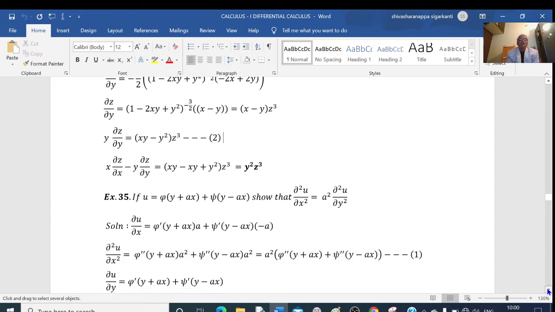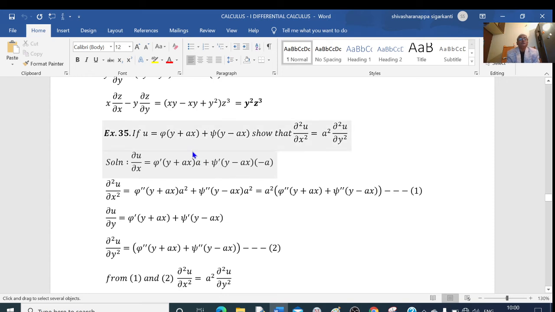Next, differentiating the given equation with respect to y partially, we get ∂u/∂y equal to phi dash of y plus ax into the derivative of y plus ax with respect to y, which is 1 plus 0, so that is 1, plus psi dash of y minus ax into the derivative of y minus ax with respect to y partially, which is 1.